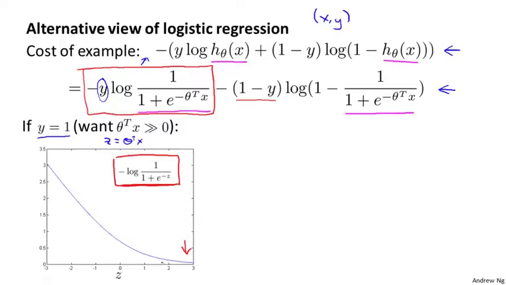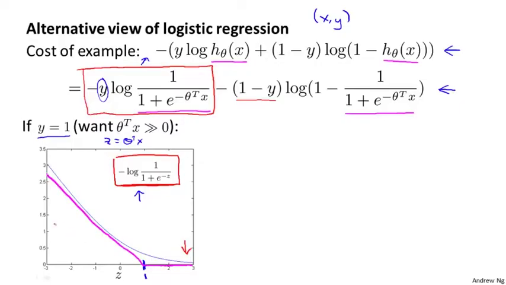Now, to build a support vector machine, here's what we're going to do. We're going to take this cost function, this minus log of 1 over 1 plus e to the negative z, and modify it a little bit. Let me take this point 1 over here, and let me draw the cost function I'm going to use. The new cost function is going to be flat from here on out, and then I'm going to draw something that grows as a straight line, similar to logistic regression.